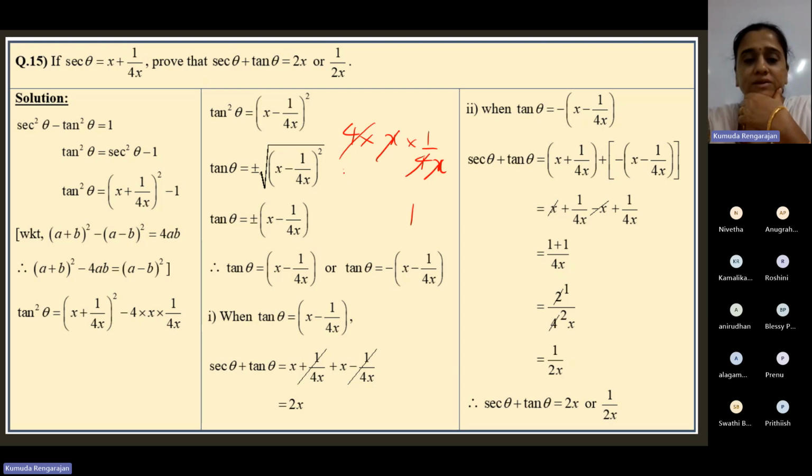So 1 can be written in the form 4ab, 4 into a into b. Now use the identity.